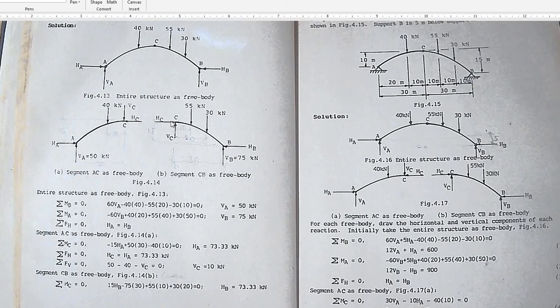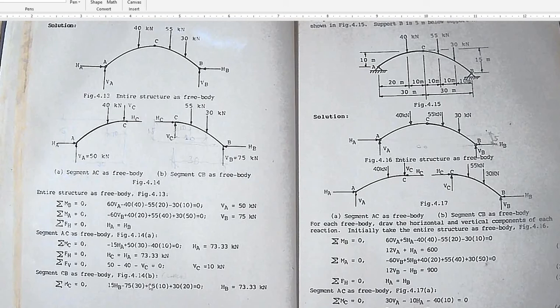Segment CB as free body now, taking moments at C: 15 times H sub B. That 15 is the lever arm of H sub B, and it will cause a clockwise direction, so it is positive. Minus 75 times 30, negative because reaction V sub B is counterclockwise. Then plus 55 times 10, and plus 30 times 20 is equal to 0.